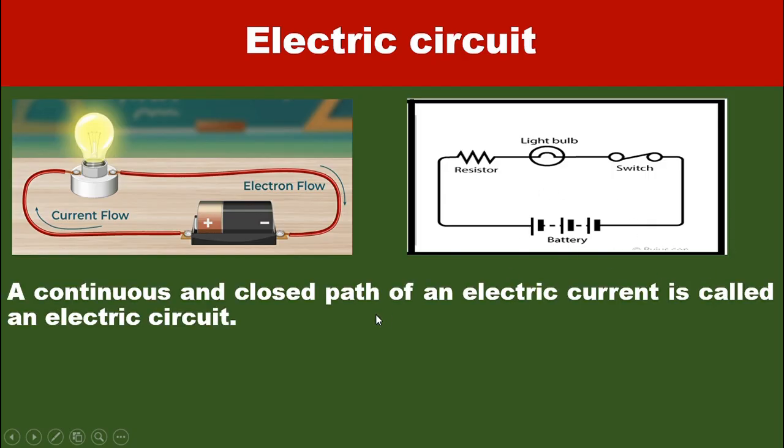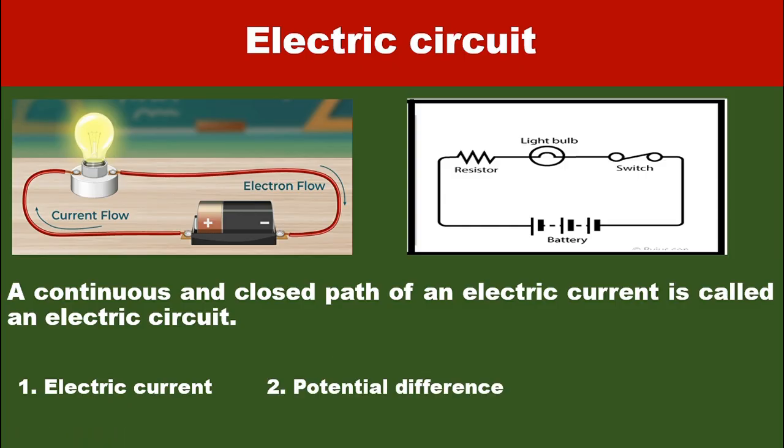Now, a continuous and closed path of an electric current is called an electric circuit. Now, let us discuss the new terms one by one. One is electric current, then potential difference, and then resistance of a conductor.